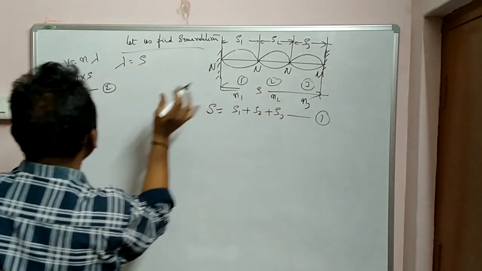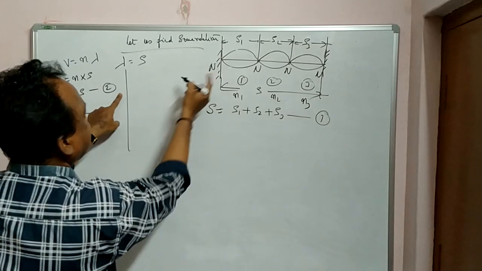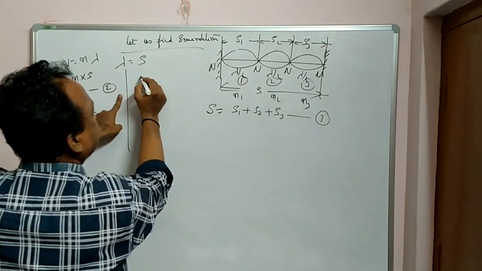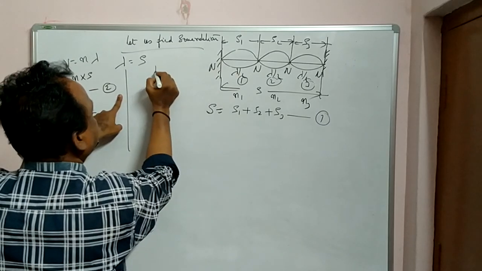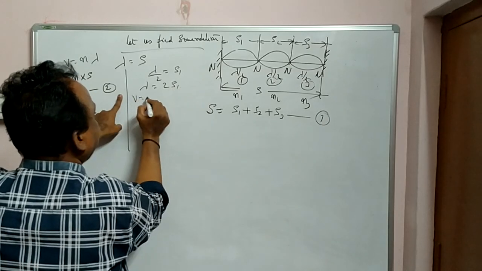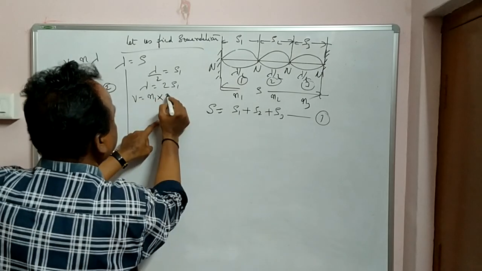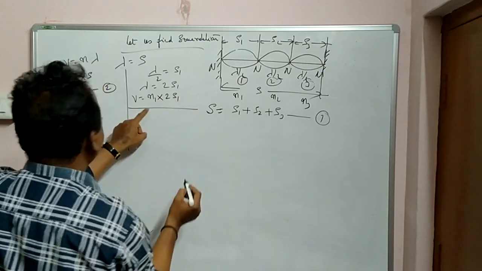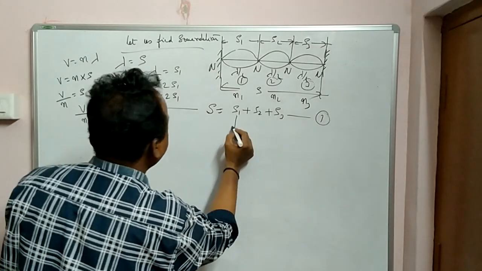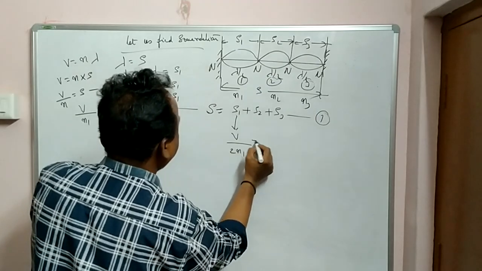Alage if you go for the first segment, చూడండి కావాలంటే ఫస్ట్ సెగ్మెంట్ ఎంత lambda by 2 కదా. So lambda by 2 is equal to S1, or lambda is equal to 2S1. But we know V is equal to n1 into lambda, that is 2S1. So S1 is V by 2n1.